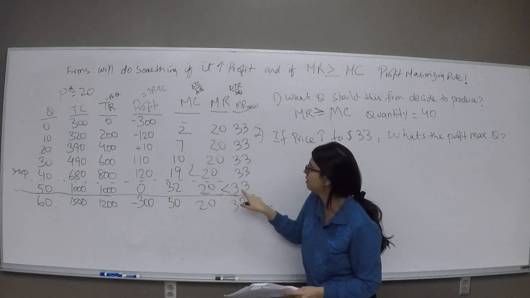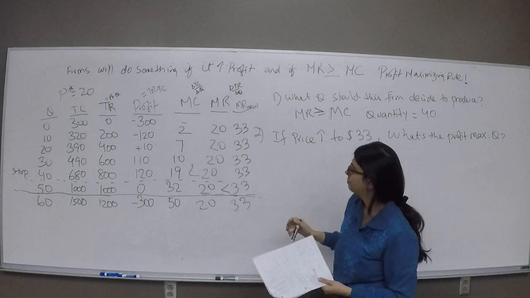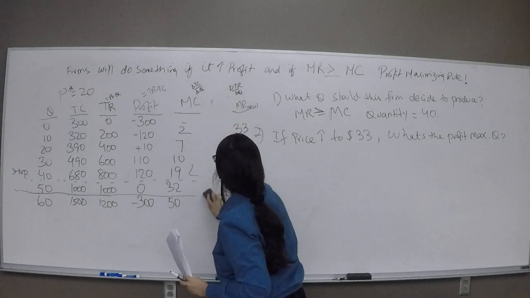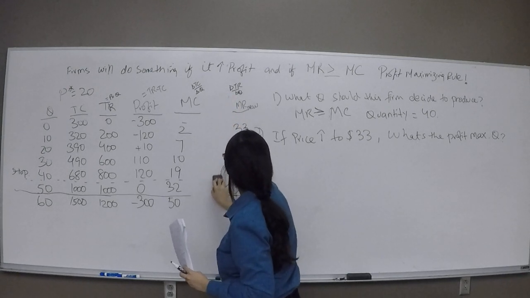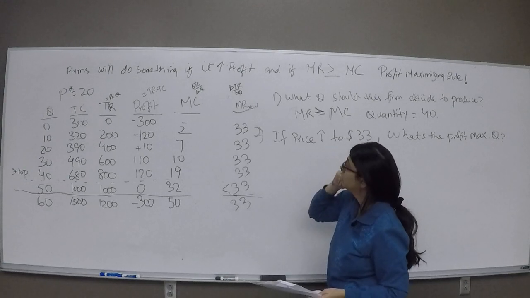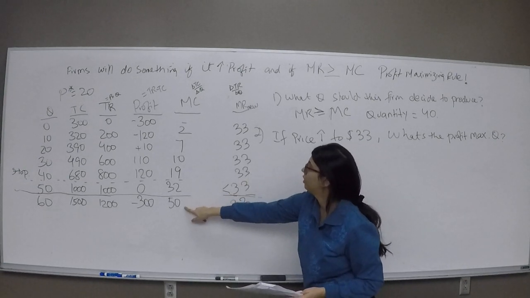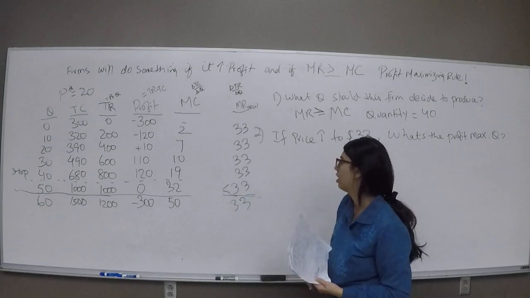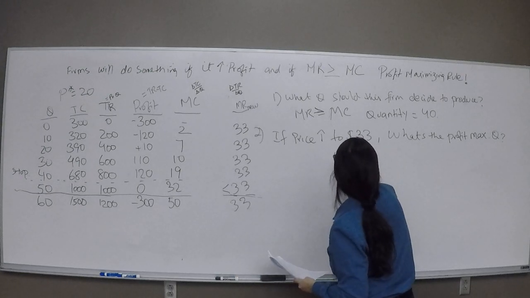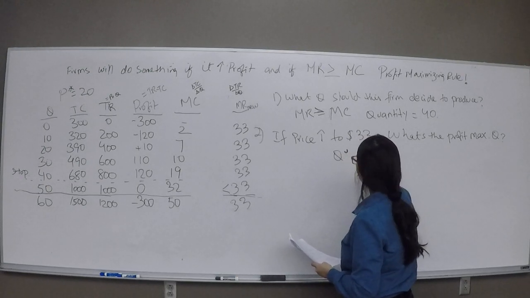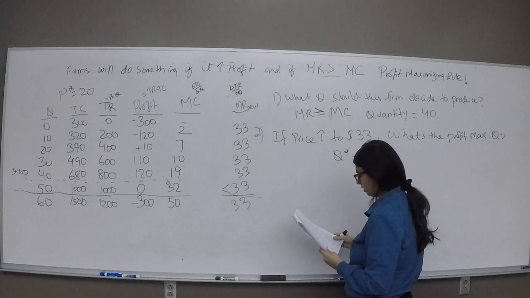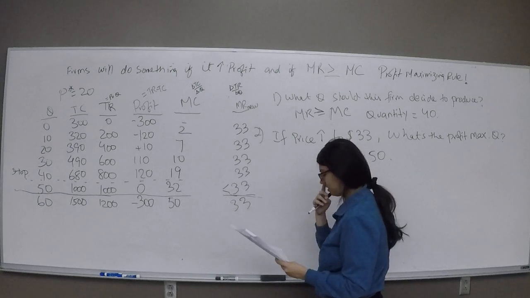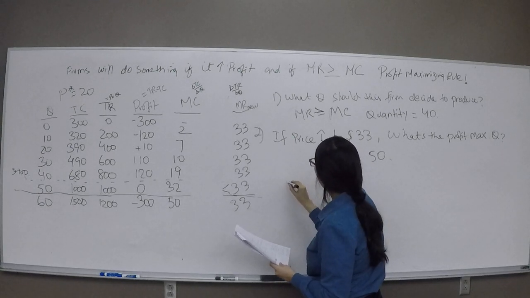So compare the new marginal revenue with the marginal cost, and up to quantity 50, marginal revenue is greater than marginal cost. So the new profit maximizing quantity is 50. So would that be the shutdown price? No, we're going to talk about it.